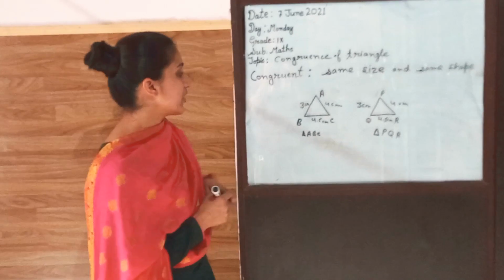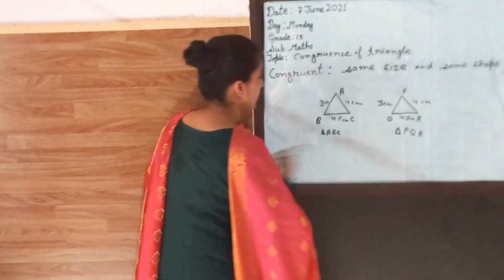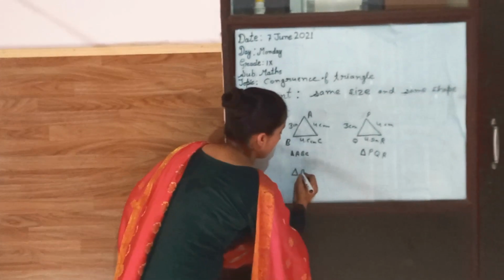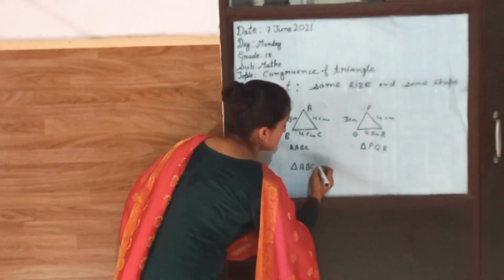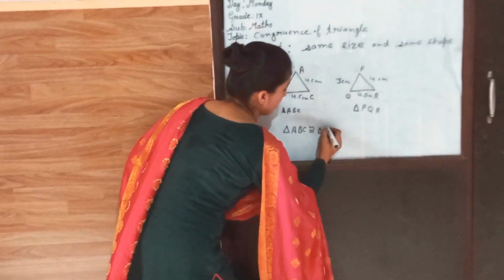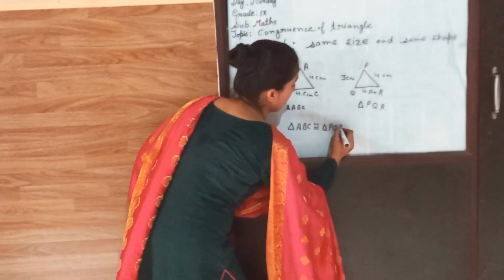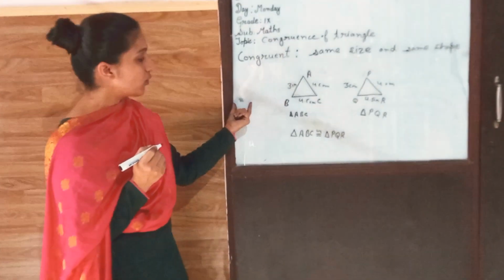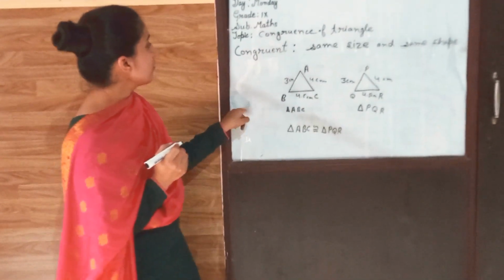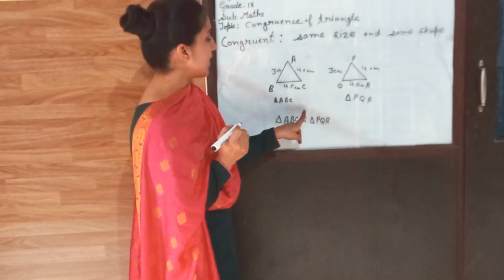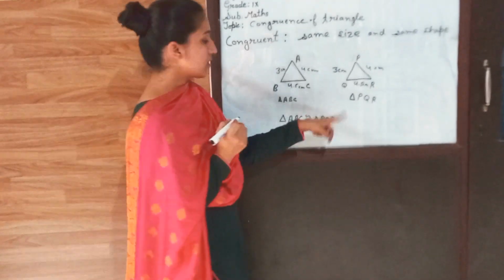To write it, we have a shortcut way. It is triangle ABC, triangle PQR. We write the symbol for equal to. This is the symbol of equal to. Similarly, the symbol for congruent is this one: two equal signs and one curved sign.